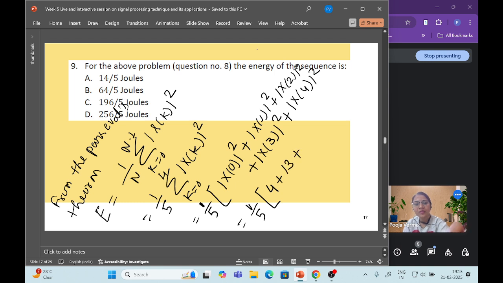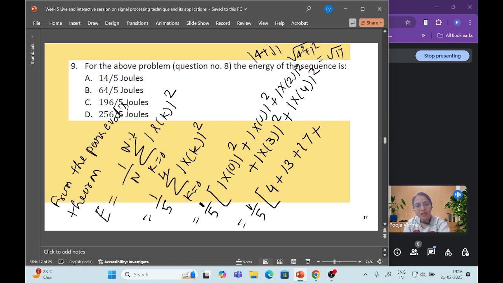Similarly, x of 2 value is 4 plus j, right? So mod of 4 plus j will be the root of 4 square plus 1 square, real part square plus imaginary part square. So 17, root of 17, its square will be 17 only.